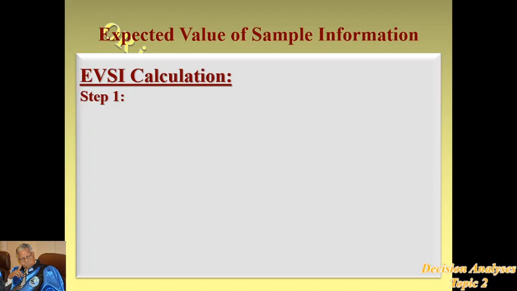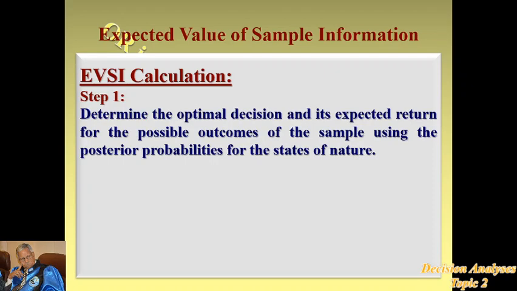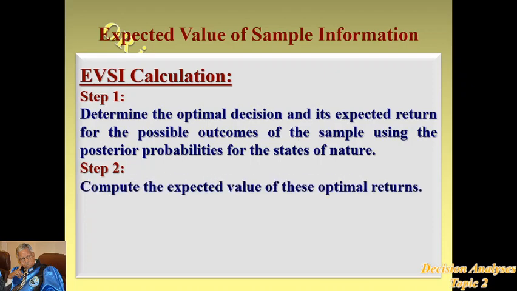The expected value of sample information can also be calculated in 3 steps. Step number 1, determine the optimal decision and its expected return for each possible outcome of the sample using the posterior probabilities for the states of nature. Step number 2, compute the expected value of these optimal returns.